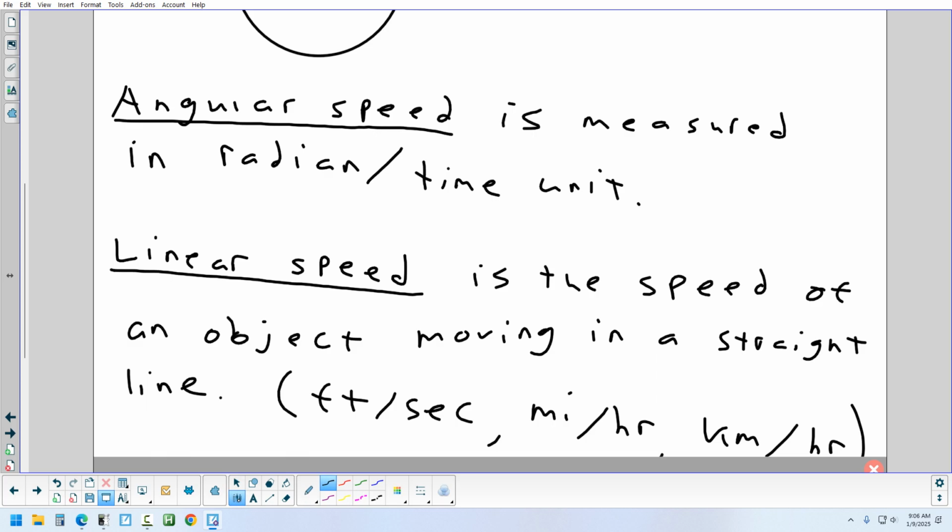Okay, so linear speed, there's lots of different units we use for that. You can take anything you use to measure a straight line distance: feet, inches, centimeters, kilometers, millimeters, miles, divided by any unit you use to measure time. Hours and seconds are probably the most common.